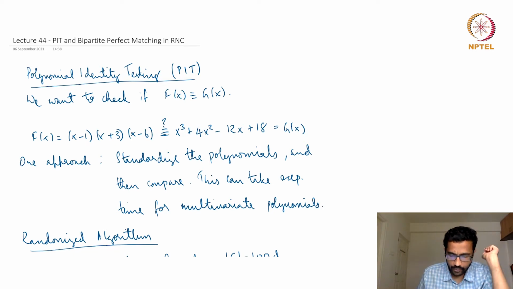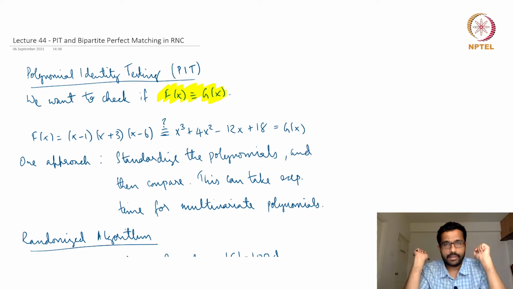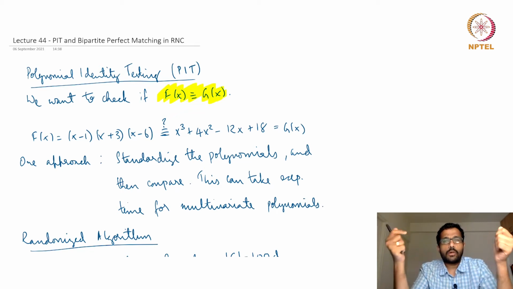Okay, right. So polynomial identity testing simply asks, given two polynomials f and g, whether f and g are the same polynomial. One may think, what is the big deal in just comparing the two polynomials? The catch is that these two polynomials need not be given in the exact same format.